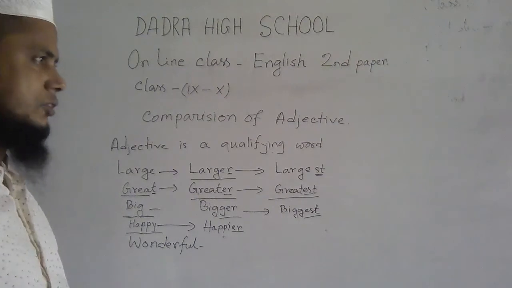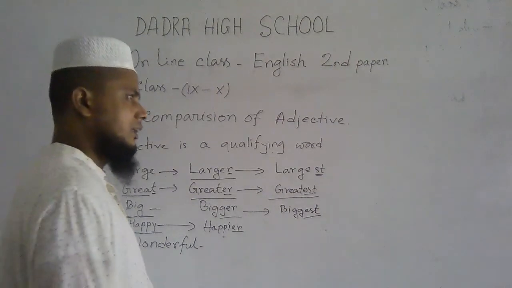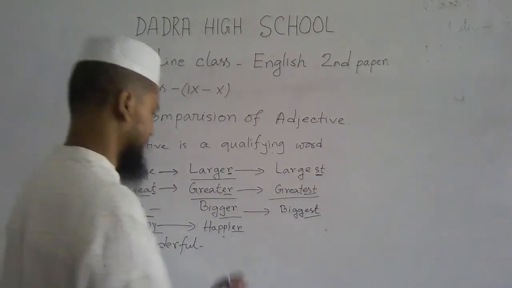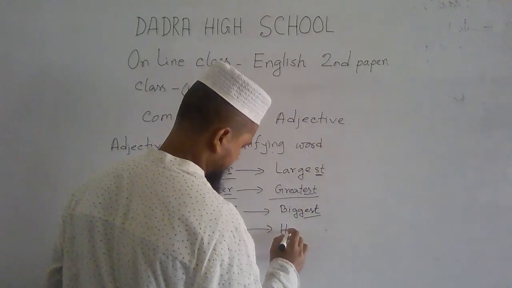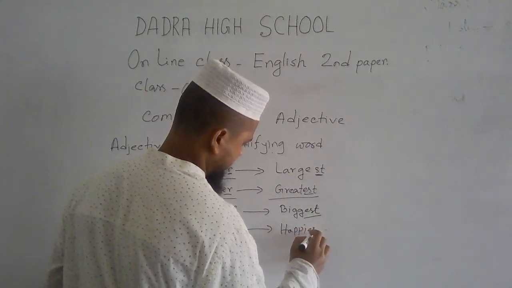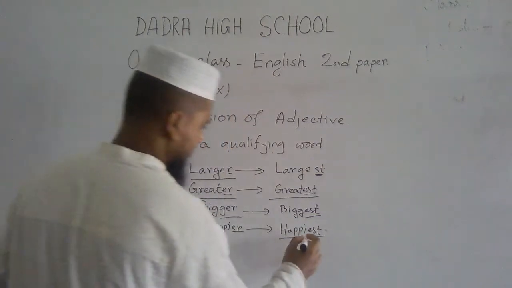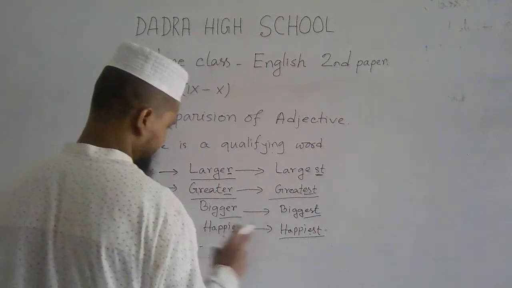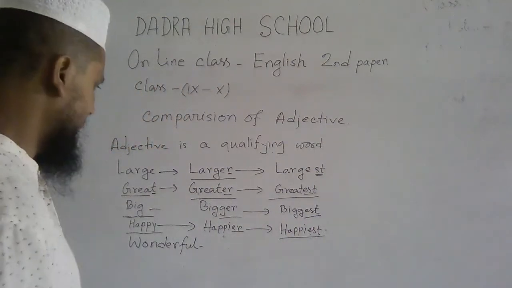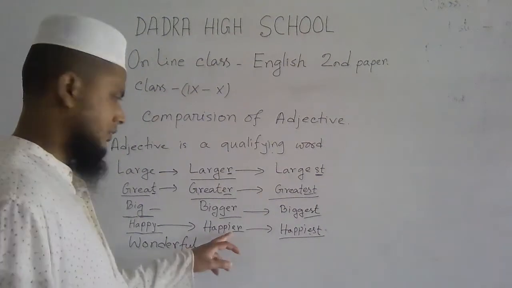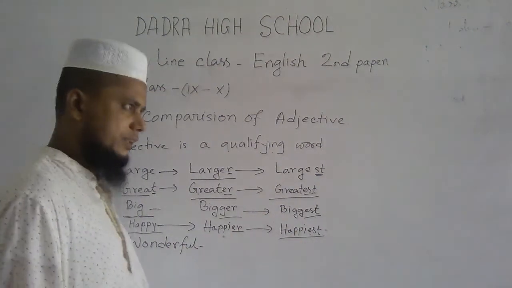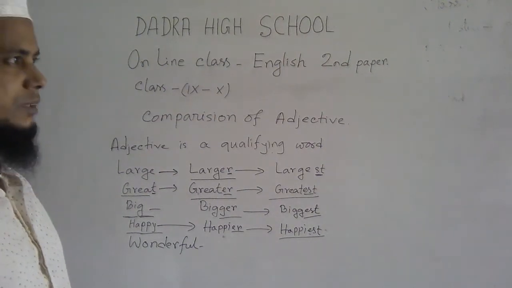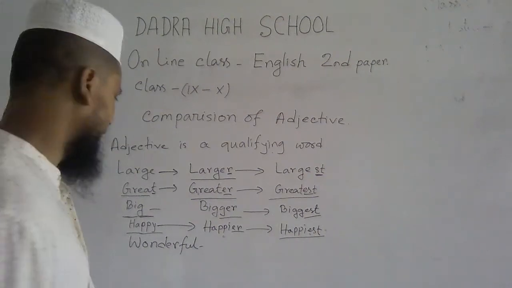Similarly, to make them superlative, you also turn the Y into I and then add EST. You can make such type of word comparative from positive and superlative by using ER for comparative and EST for superlative, but before doing that you have to turn the Y into I.